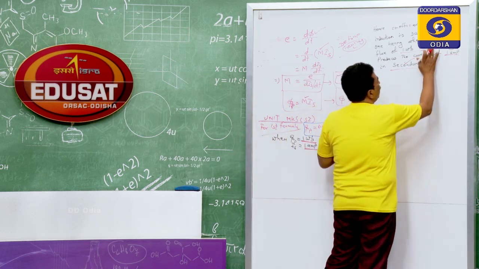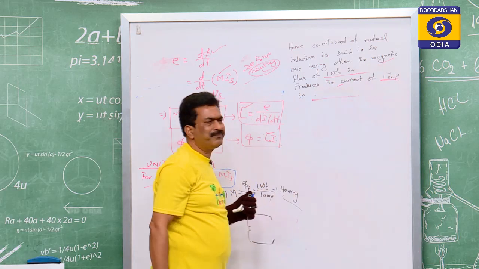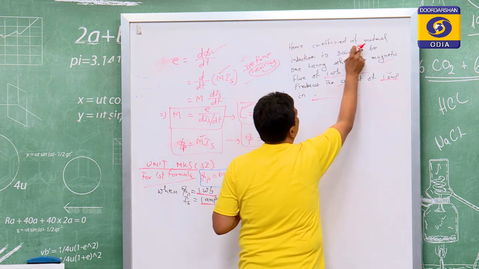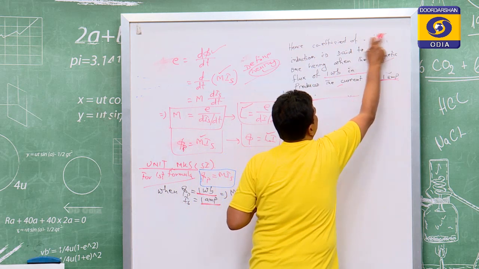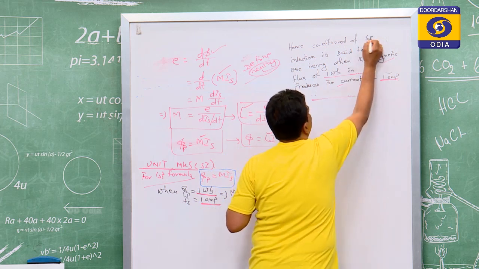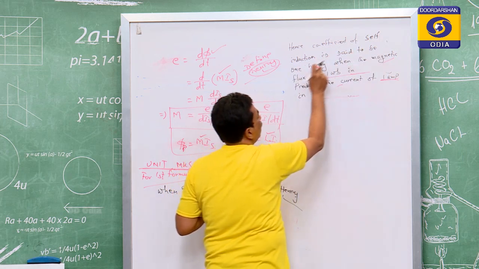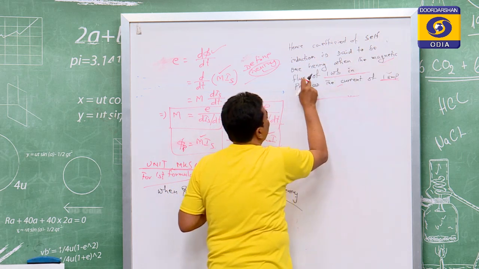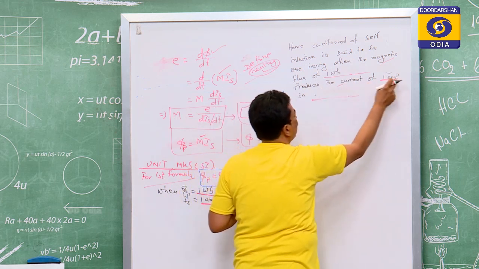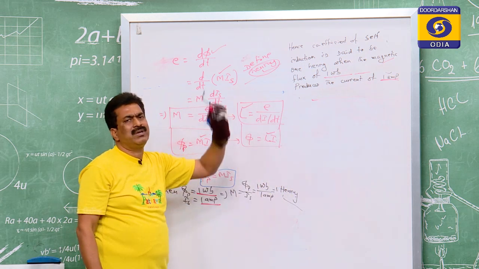Suppose I remove here the primary and here the secondary, then what I had written, hence coefficient of self induction, instead of mutual induction, is said to be 1 Henry when the magnetic flux of 1 Weber produces the current of 1 ampere. This is the definition of Henry.